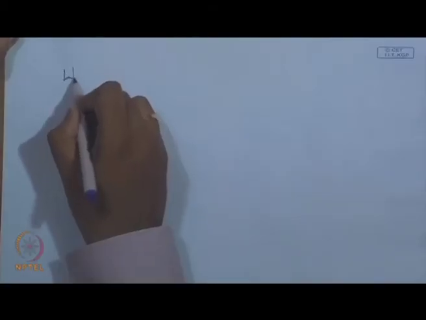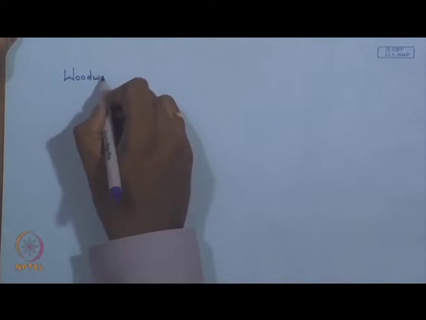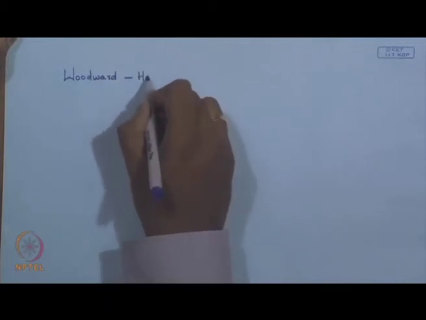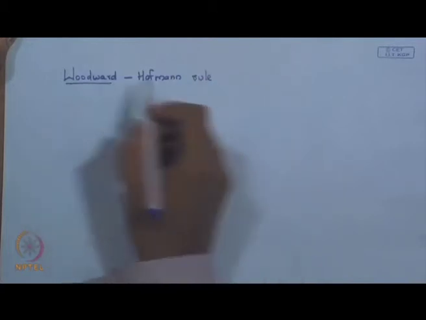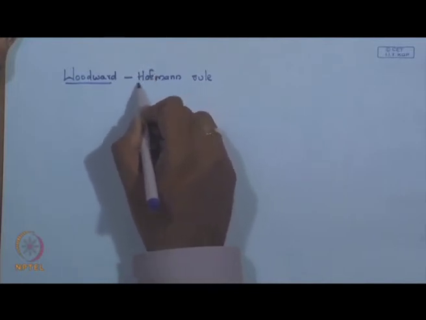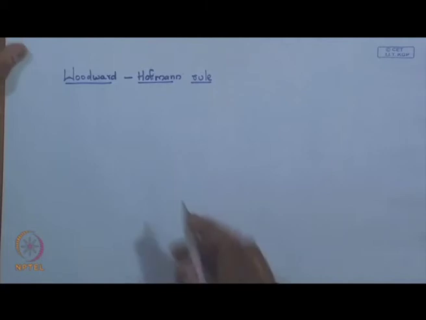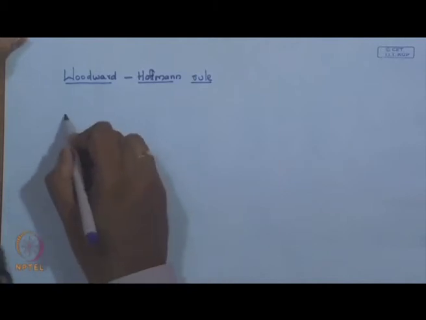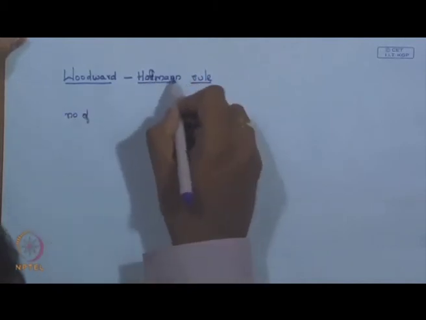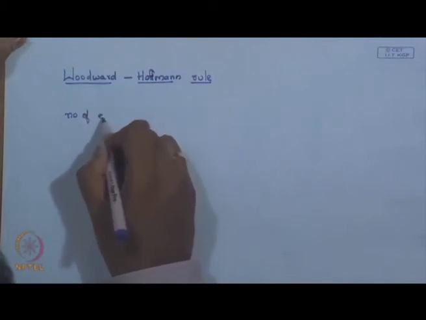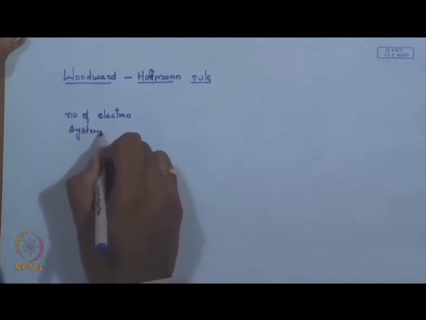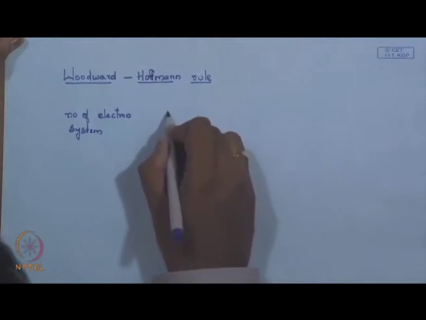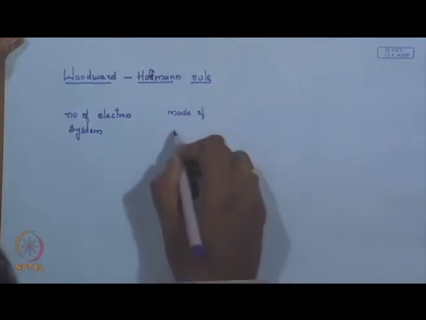So, for the Woodward Hoffmann rule, you have to see the number of electrons in the system, and then see the mode of reaction.